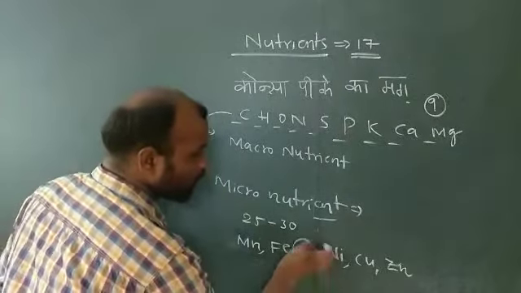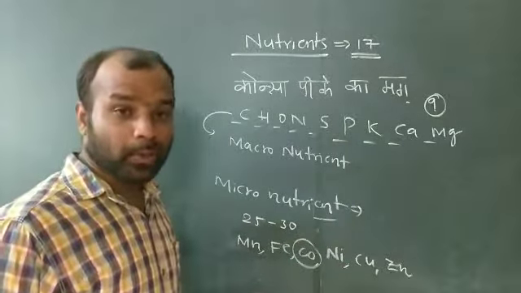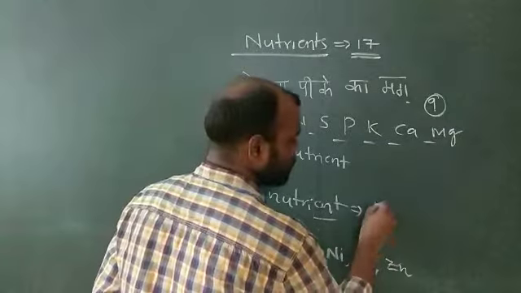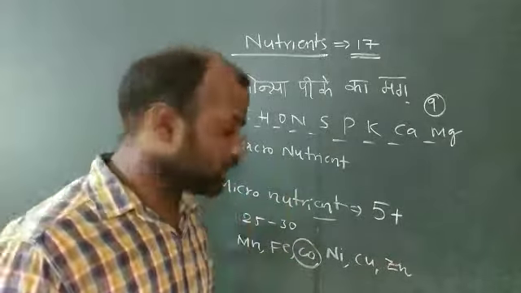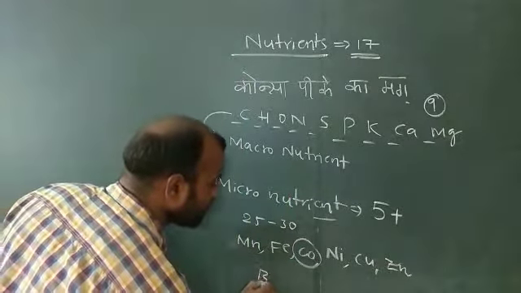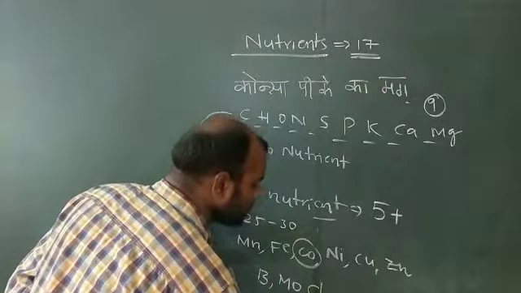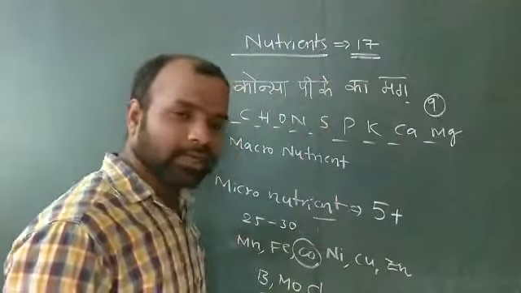Except cobalt, the remaining all are micronutrients. How many are there? 1, 2, 3, 4, 5. So 5, right? Only 3 more we need to remember. What are they? One is boron, molybdenum and chlorine. Out of 17, we need to remember only these 3.